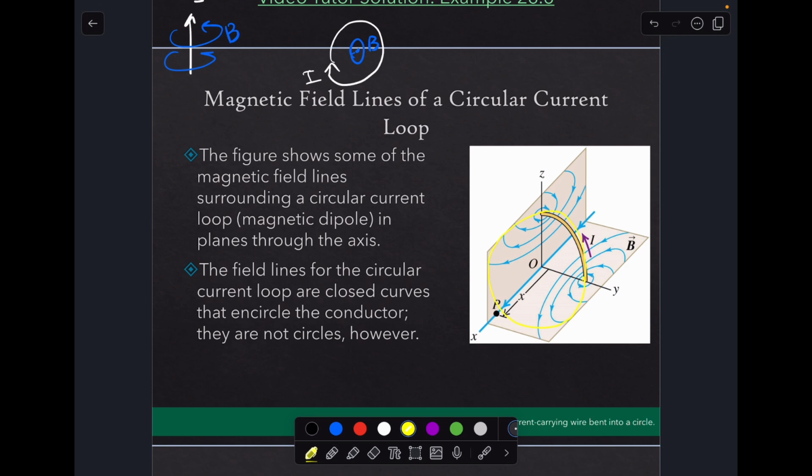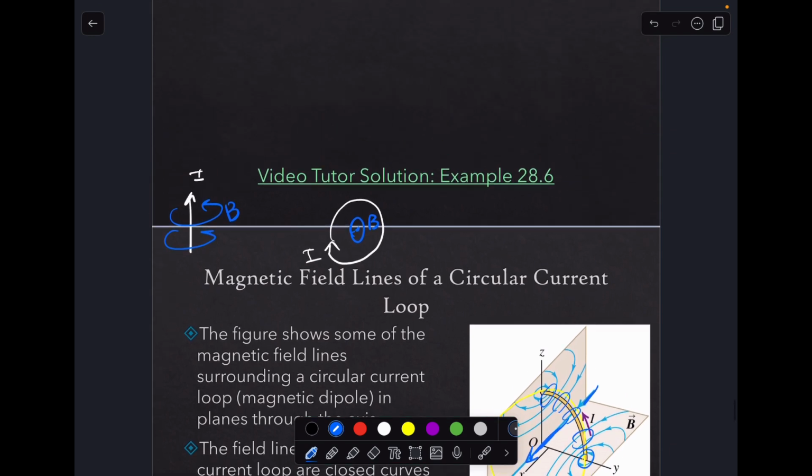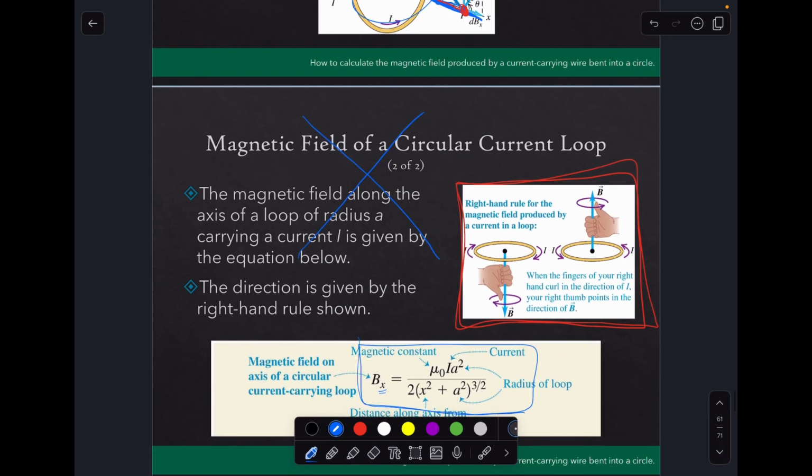So essentially you're just doing the right-hand rule a whole bunch of times as you go along this wire, and what you will notice is that in the center, your fingers will keep curling down through the center of the loop, and what you find out is that the magnetic field direction in the center of a loop of current is straight, right? It's not curved anymore, it's straight.